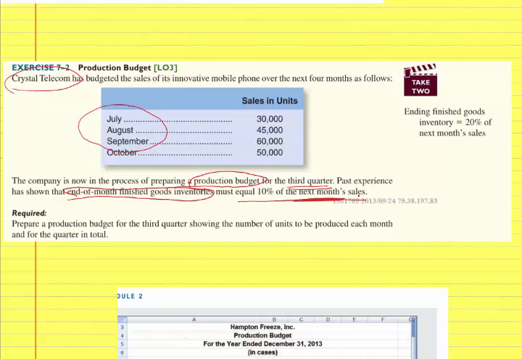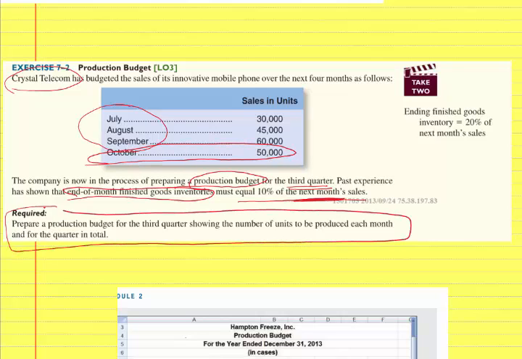So you might say, how come we have October's sales? Well, September's ending inventory is going to be equal to 10% of the October sales. So we are to prepare a production budget for the third quarter, showing number of units to be produced each month and for the quarter in total. So let's take a look at that.